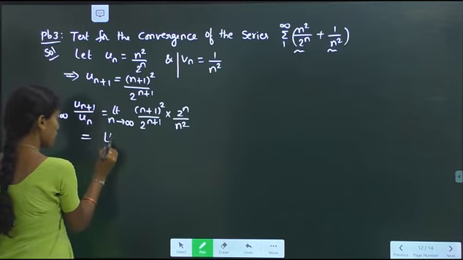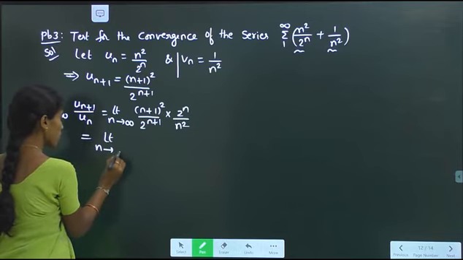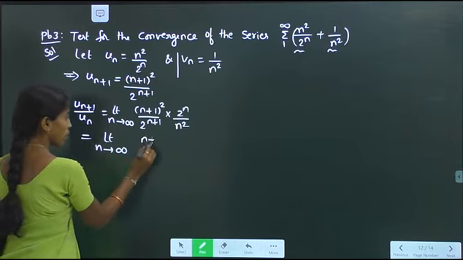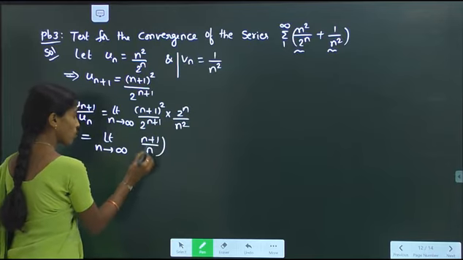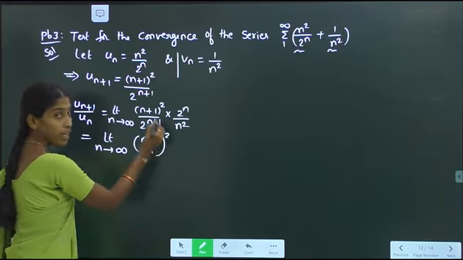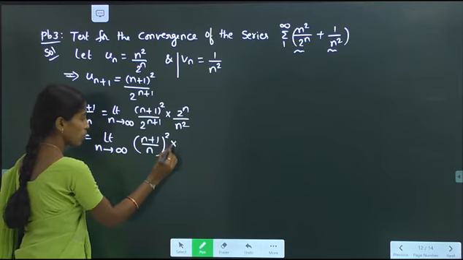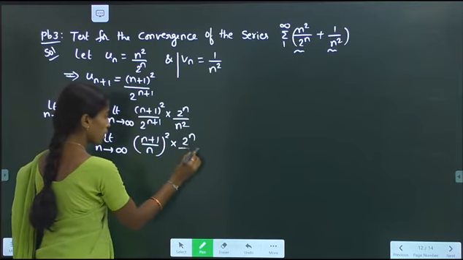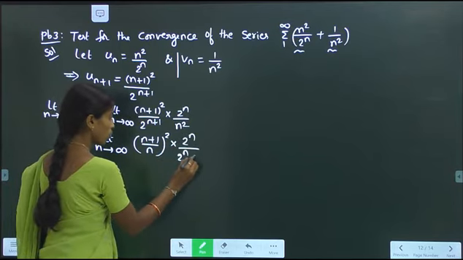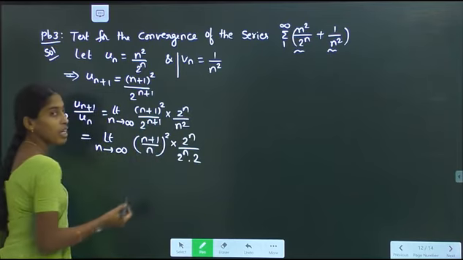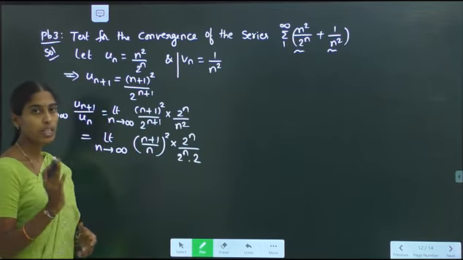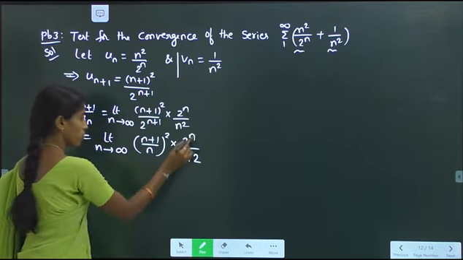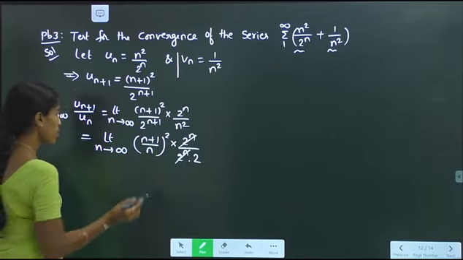So after cancelling the suitable terms, n plus 1 by n whole square, by combining these two terms into 2 power n by 2 power n into 2, and 2 power n plus 1 can be written as 2 power n into 2. These two get cancelled.